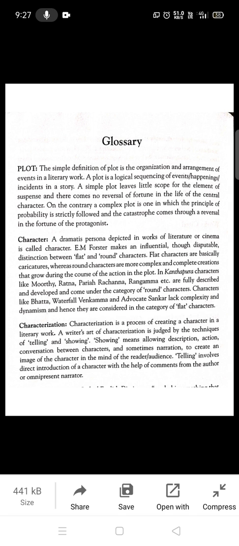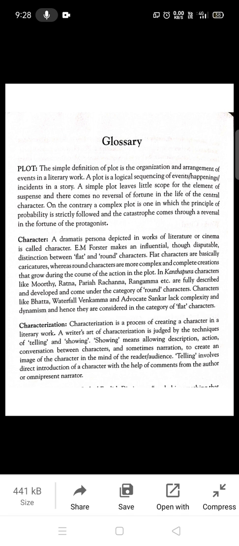Aristotle in his famous Poetics defines plot as the soul of a drama or the soul of a tragedy. Aristotle puts particular emphasis on the construction of plot in a piece of work, in his case particularly the tragedy. So plot is very important in any literary work.